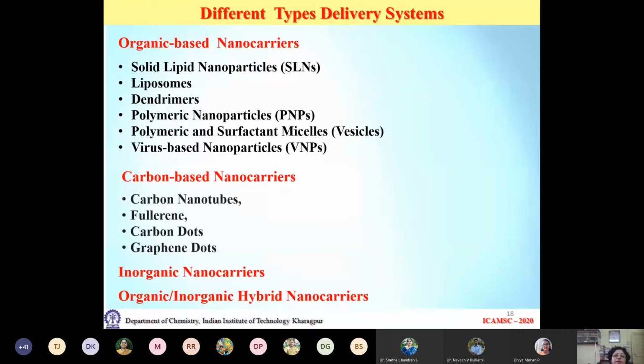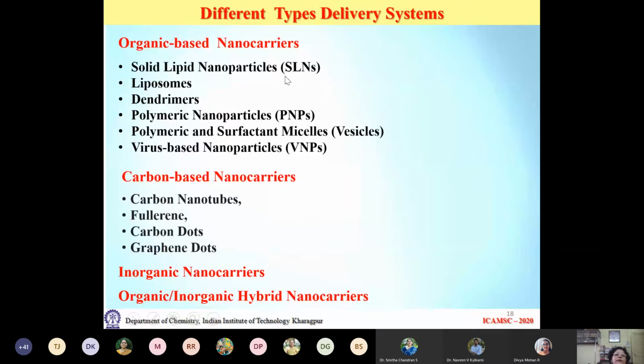We design it such that we have the inorganic material, we functionalize that with a ligand which may be organic, and we have a protective layer which may be polymeric. So it is always a combination of a number of factors. It's the third generation of nanocarriers, or smart carriers, we're talking about.